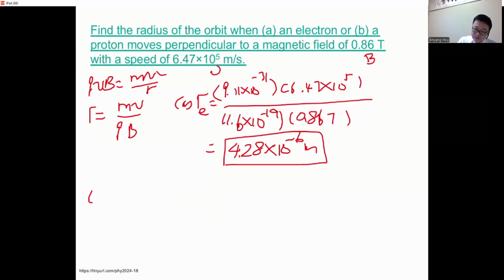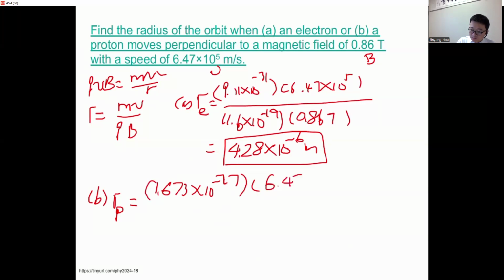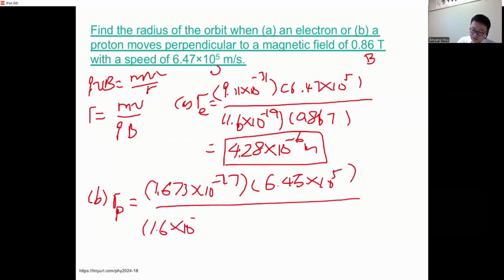For the proton, r sub p, we will use the mass of the proton, 1.673 times 10 to the minus 27, in SI units of kilograms, times the speed, which is the same, 6.47 times 10 to the 5th, over the same charge, 1.6 times 10 to the minus 19, and the same 0.86 Tesla magnetic field.